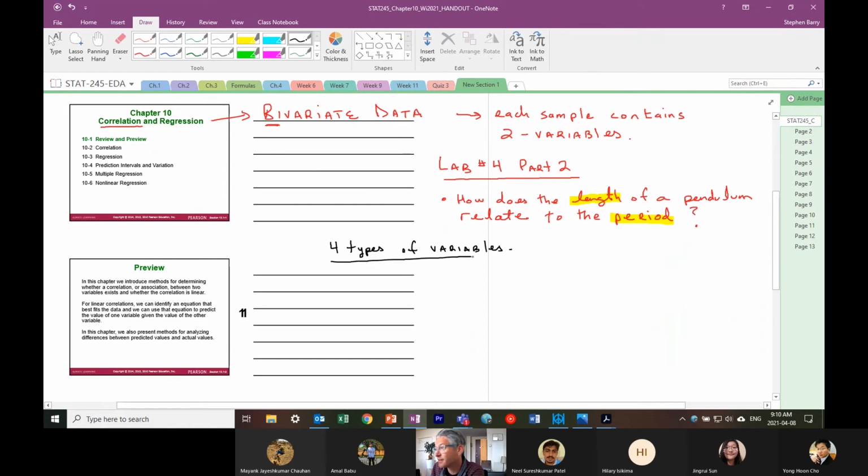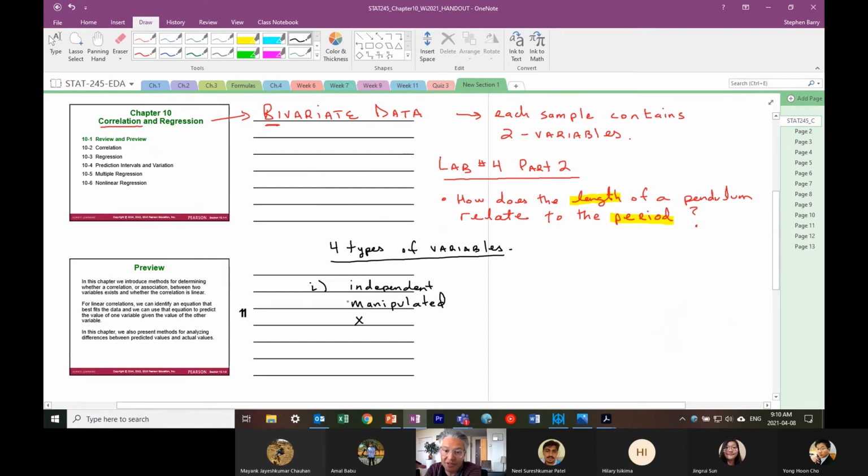Now, in this case, what we're going to call the independent variable is also known as the manipulated variable. And on a graph, it's the same thing as the x variable.